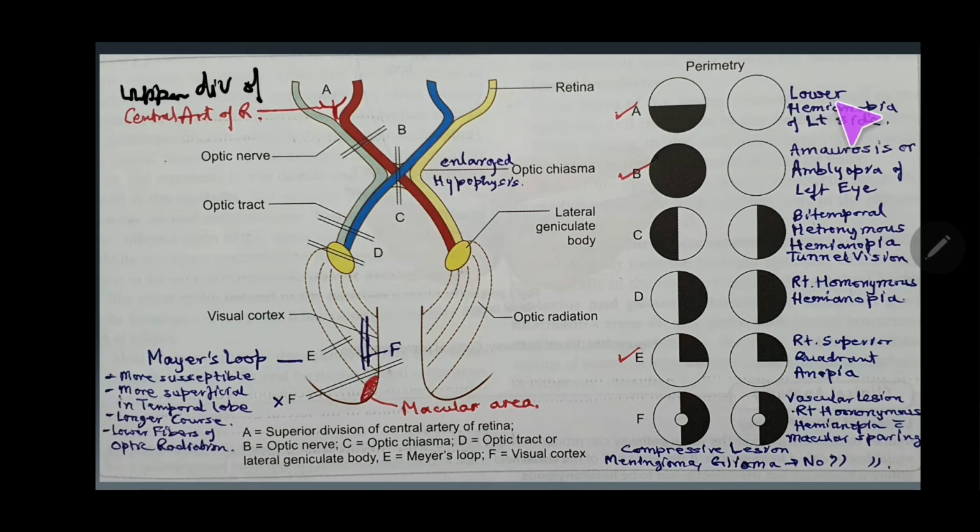Got it? So this is called lower hemianopia of the left eye. Got it now? Hemianopia basically means half of the visual field is lost, so we call it hemianopia.